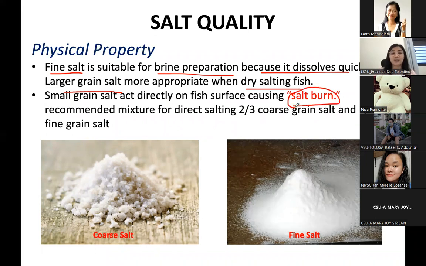It can lead to salt burn, and the recommended mixture for direct salting is 2/3 coarse grain salt and 1/3 fine grain salt. Tandaan nyo lang itong mga numbers na ito. Ayan, sinasabi, mahirap din talaga si post-harvest, but it is really true. Ang daming mga dapat intindihin. But anyway, yan nga nandito kami to help you.